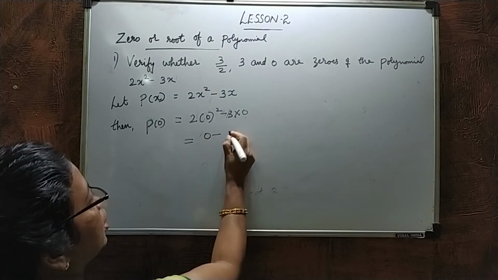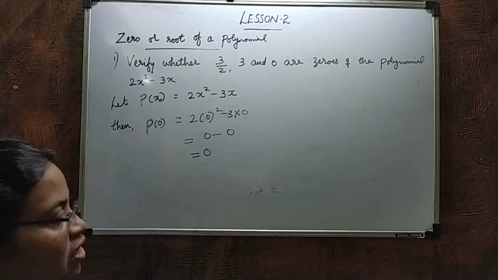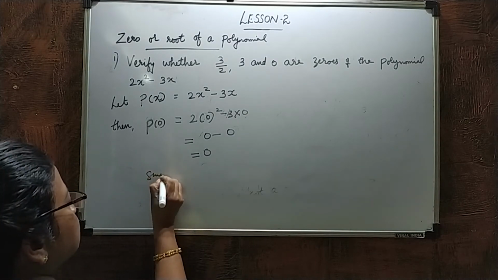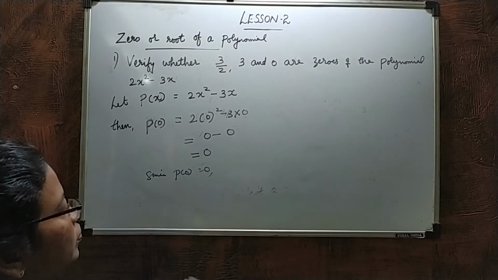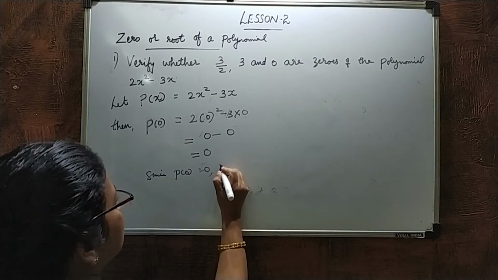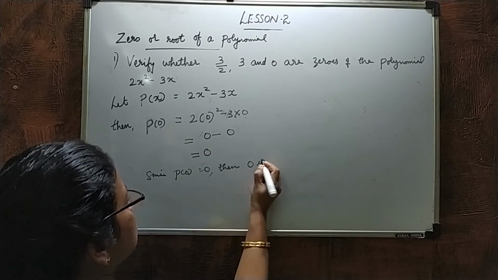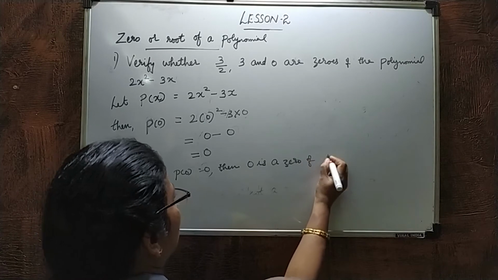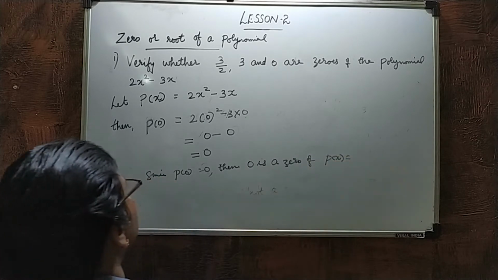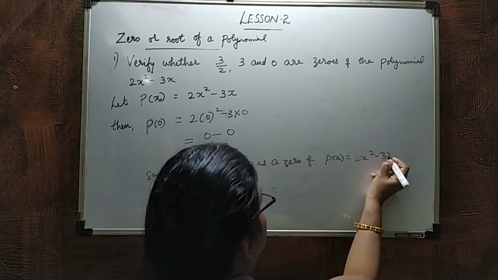So 0 minus 0. What will you get as the answer? 0. So what can we say then? Since P of 0 equals 0, then 0 is a root or 0 of P of x equals 2x square minus 3x.